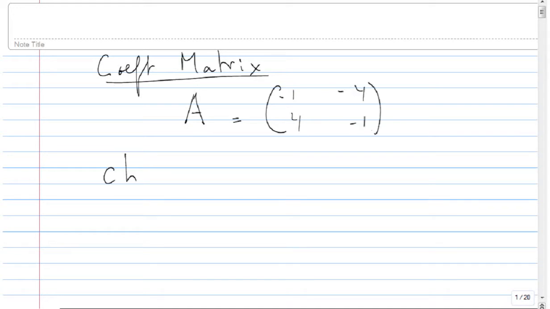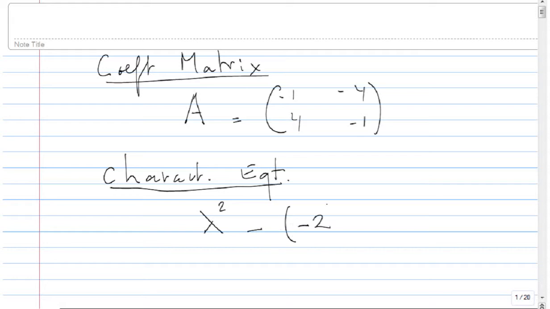The characteristic equation that will give us the eigenvalues is given by lambda squared minus the trace times lambda plus the determinant, which is plus 1 plus 16.